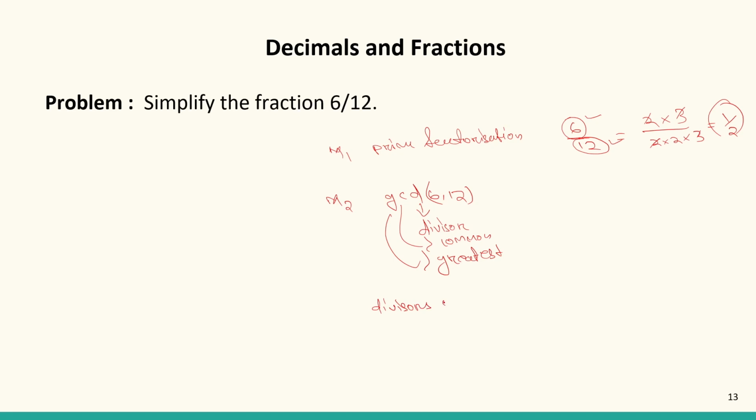Divisors of 6 are 1, 2, 3, 6. Divisors of 12 are 1, 2, 3, 4, 6, and 12 itself. We need to find the common ones: 1 and 1, 2 and 2, 3 and 3, and 6 and 6. So 6 is the greatest.